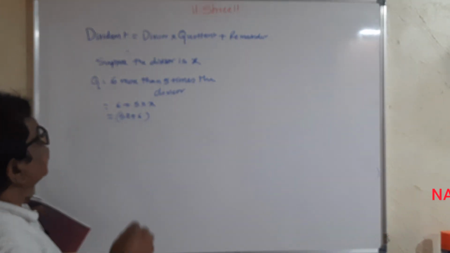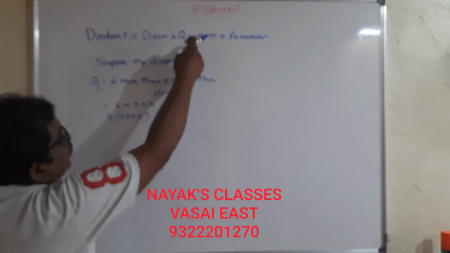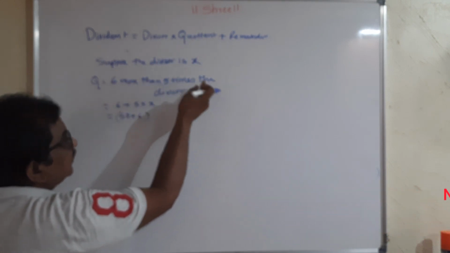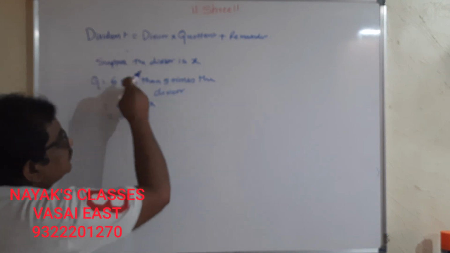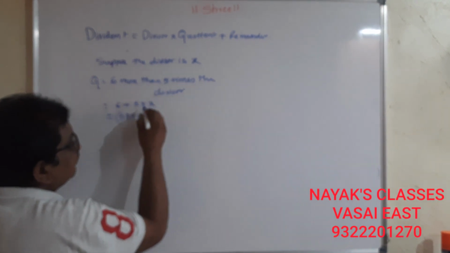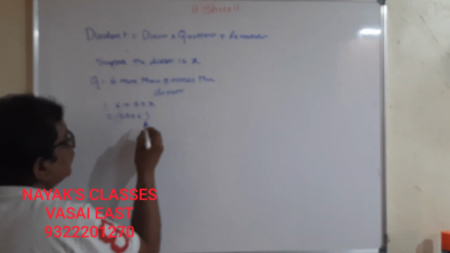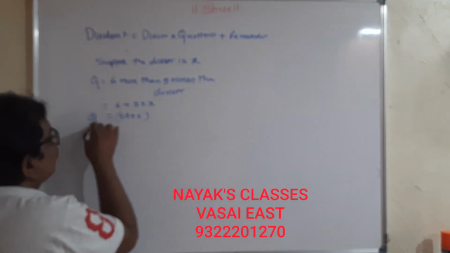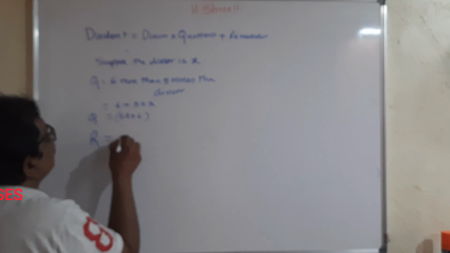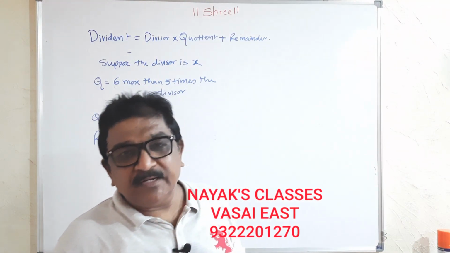One more time. Suppose the divisor is x, then the quotient will be 6 more than 5 times the divisor. 6 added, 5 times the divisor, 5 into x, 5x. So this is the quotient and the remainder is 1.